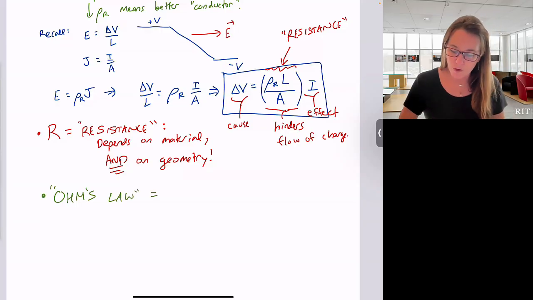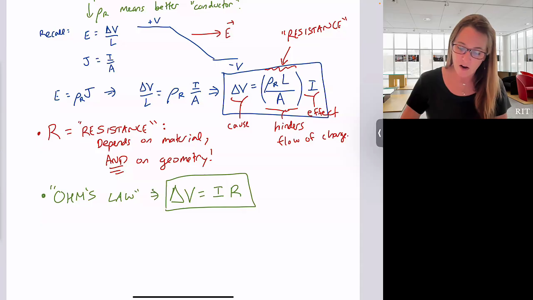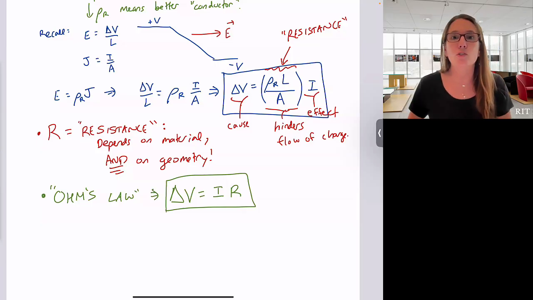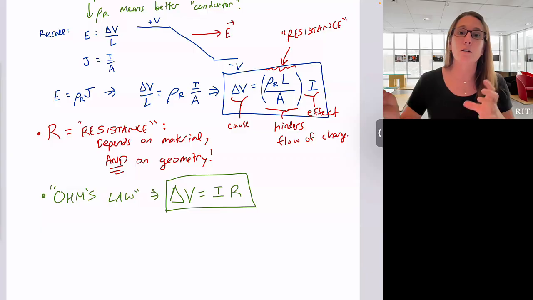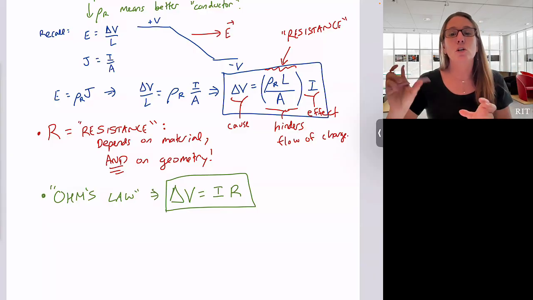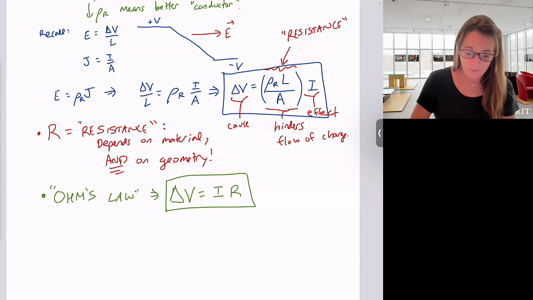And so then we end up with our kind of famous equation for what we call Ohm's law, which is really kind of just the definition of resistance, which is that delta V is equal to R times I, which is more commonly written as IR. And so we can say, right, that the resistance is essentially related to the relationship between the cause and the effect.